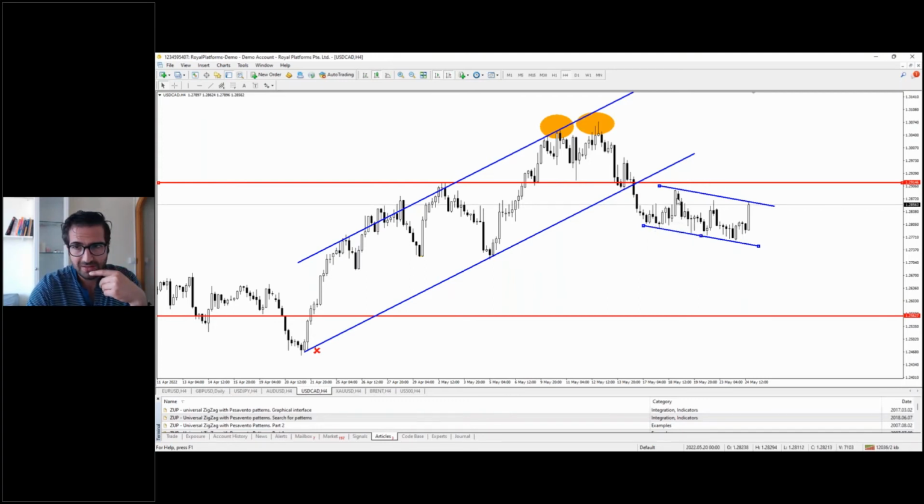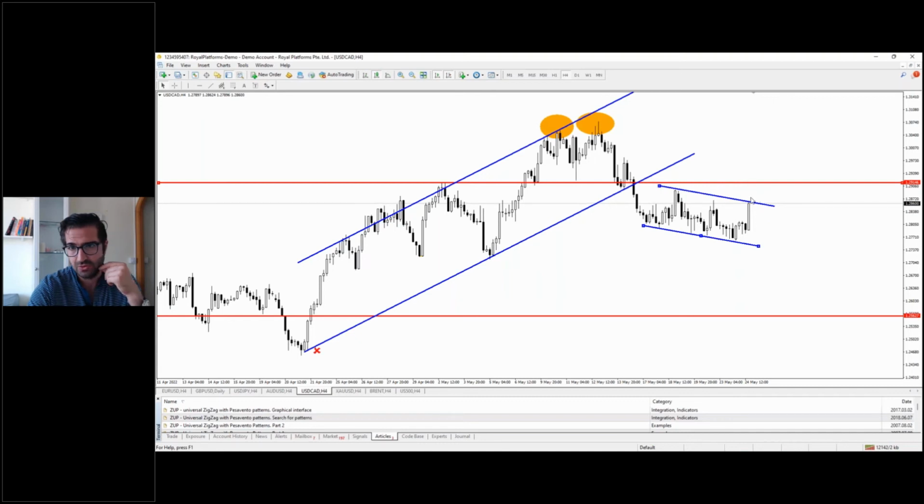And now we have a kind of channel here, or consolidation, which is not good anymore for the sellers, especially if we look inside this channel. We have a lot of bullish bars, 1, 2, and this is one that is forming. Okay, so these big bullish bars are a good indication that the buyers are about to reverse the market and push it to the upside.